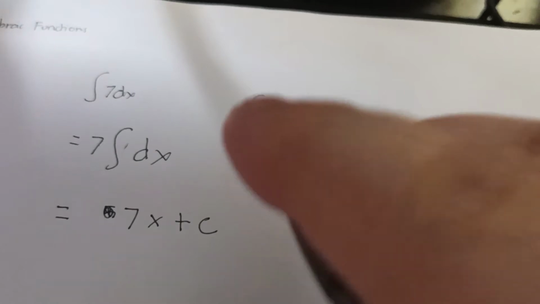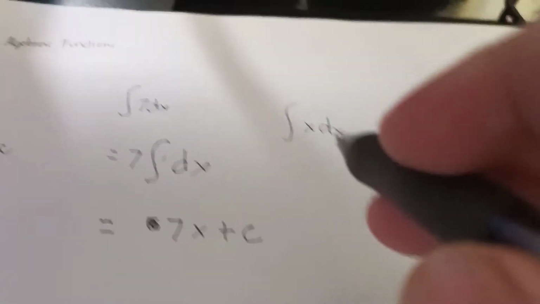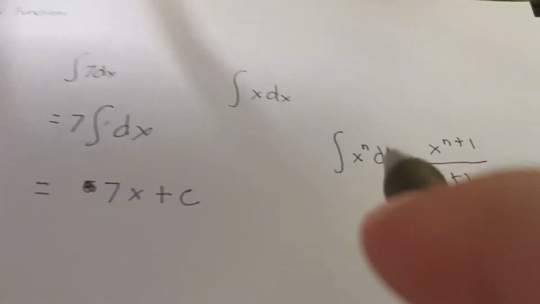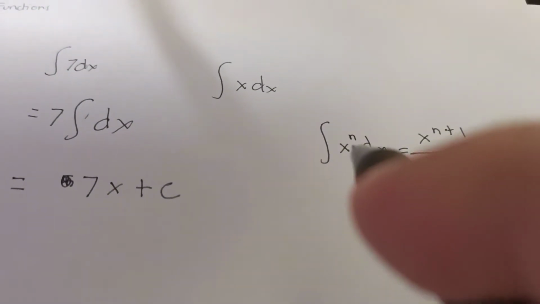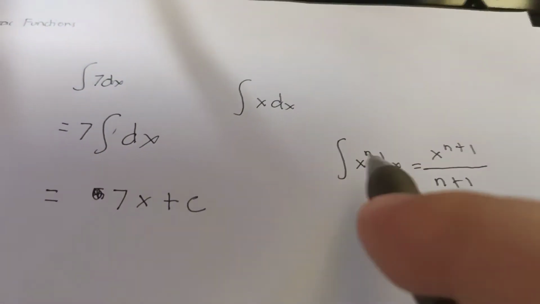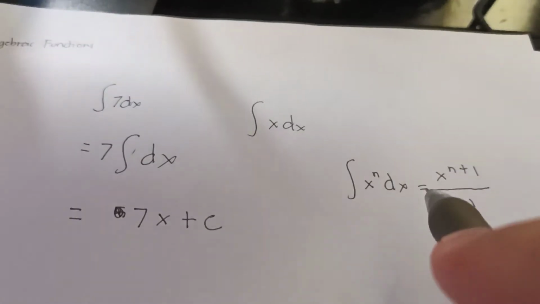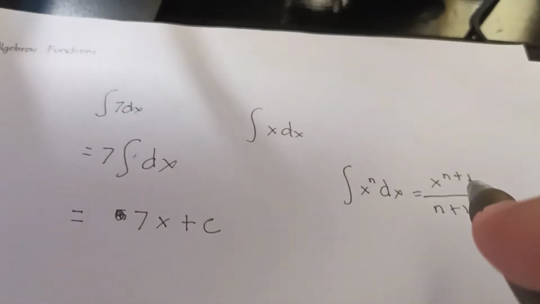And now for our third example, we have the integration of x to the n, dx. For its formula, we have the integration of x with an exponent n, dx, and here is how we solve it.